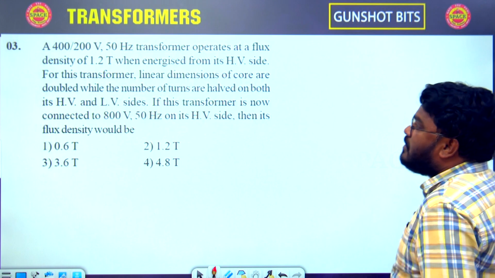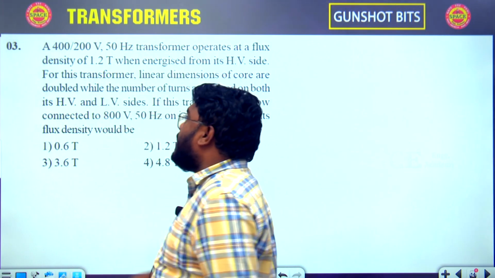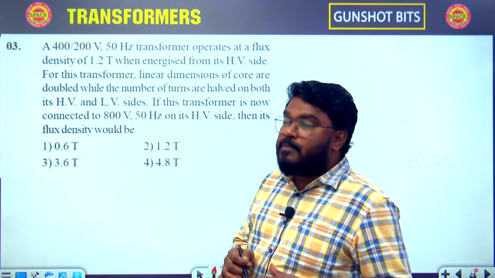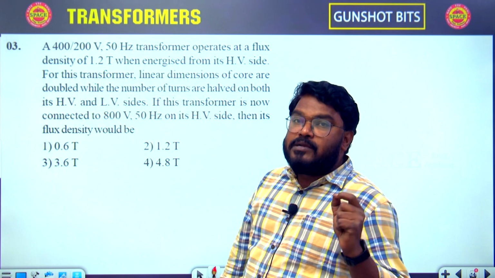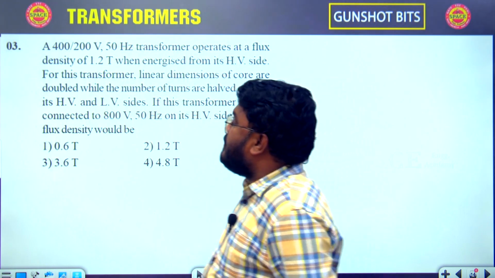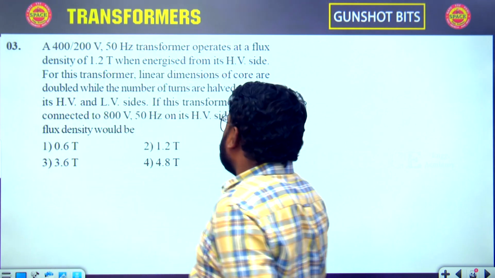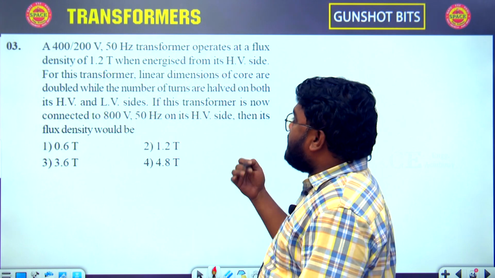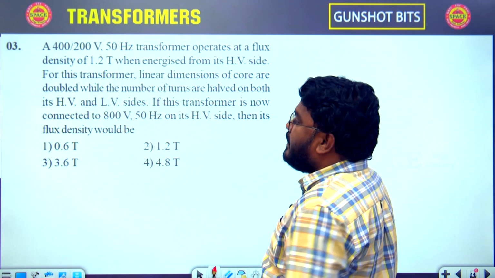Next, let us solve question number 3. A 400 upon 200 volts, 50 hertz transformer operates at a flux density of 1.2 Tesla when energized from its HV side. For this transformer, the linear dimensions of the core are doubled while the number of turns are halved on both HV and LV side.